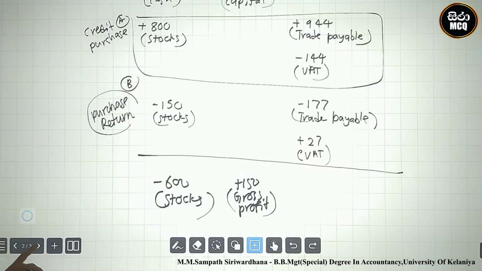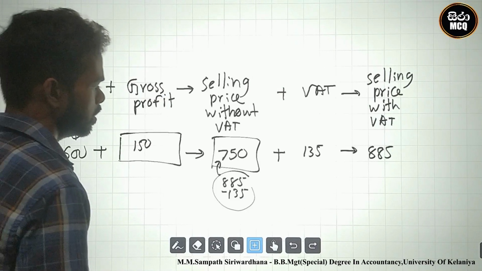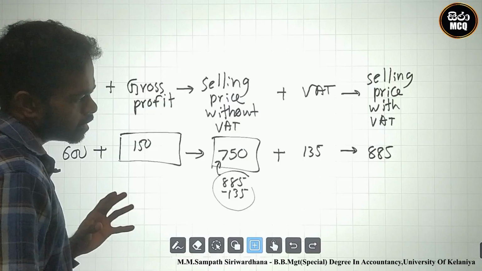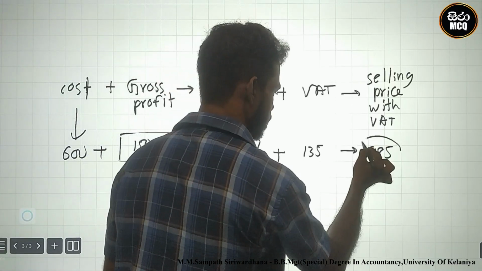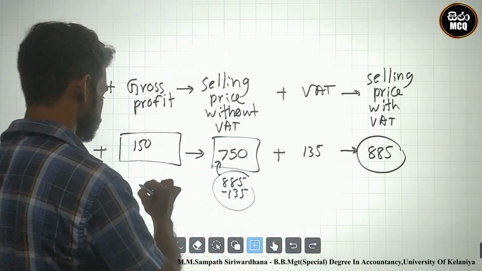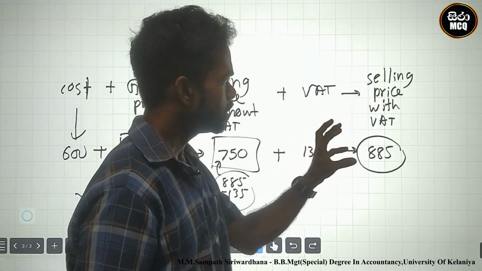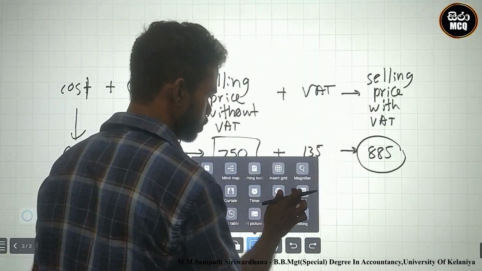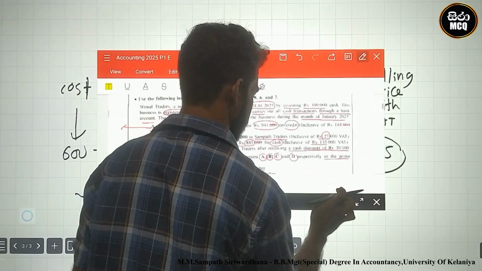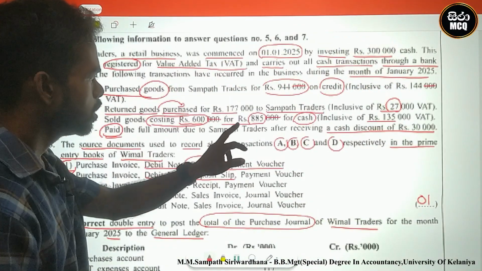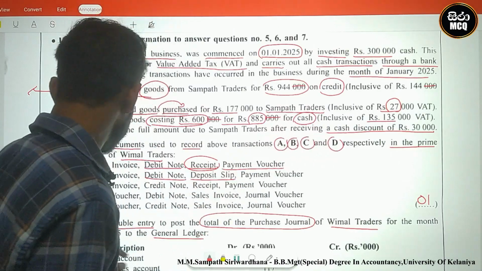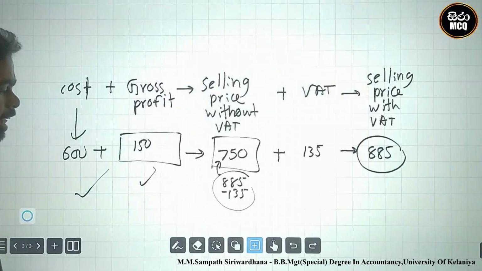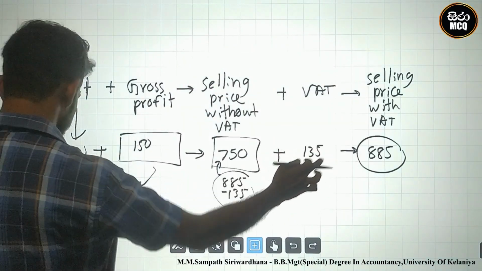Okay, another thing. This is a selling price, and we can identify the selling price. Selling price is on cash. Look here, cash basis sales. For cash, therefore we receive 885 total value.